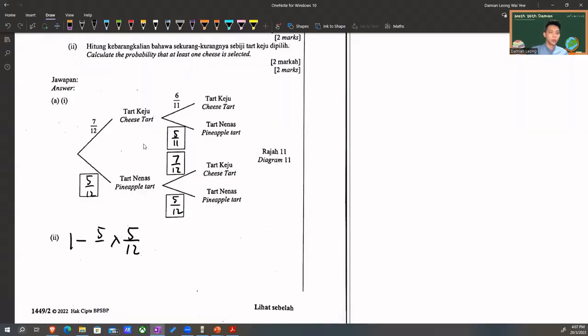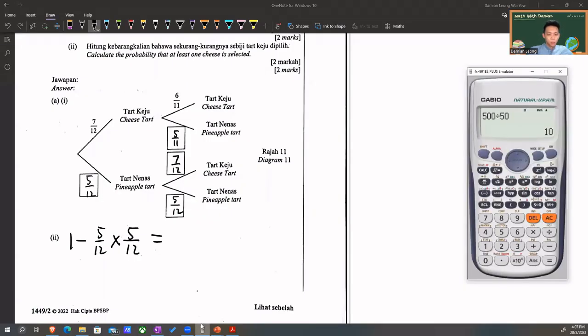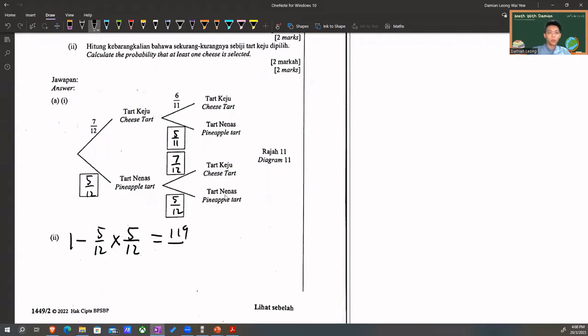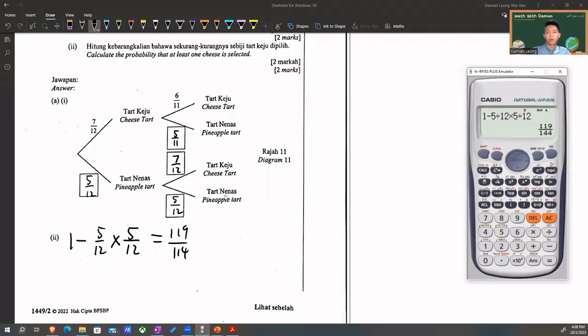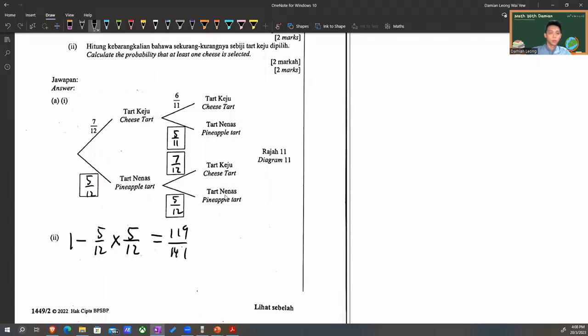That's the easier way of doing it. Yeah, using the complement probability. 1 minus 5/12 times 5/12 is 119 over 144. Sorry. Yeah.